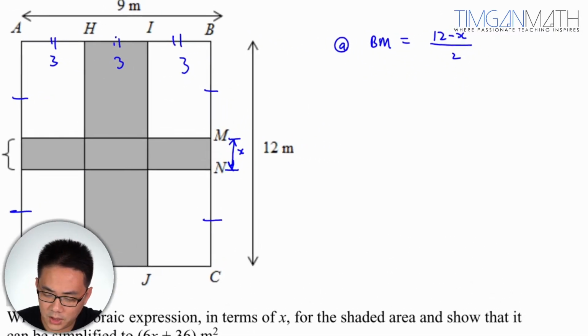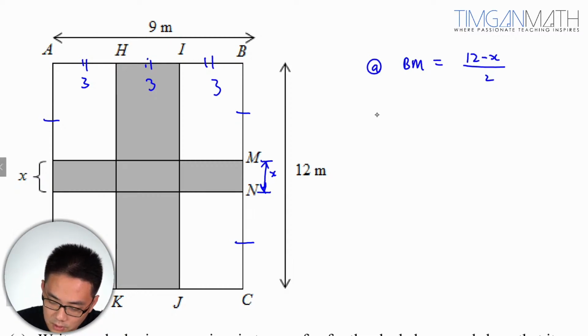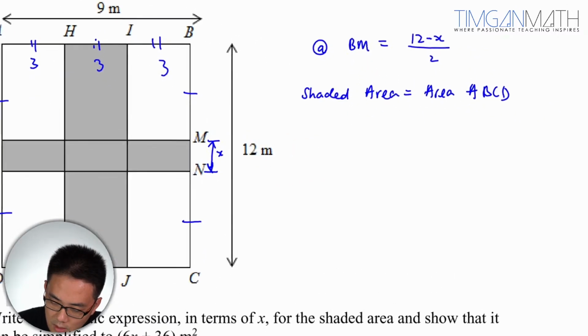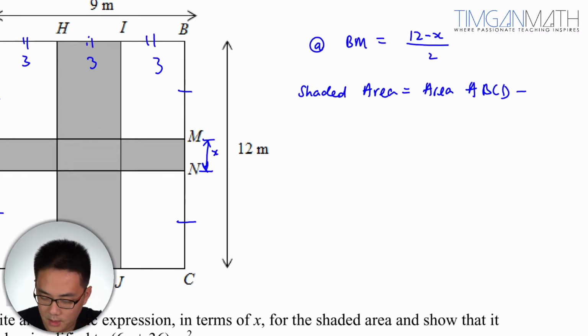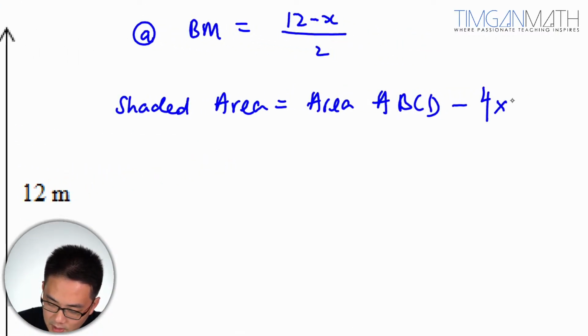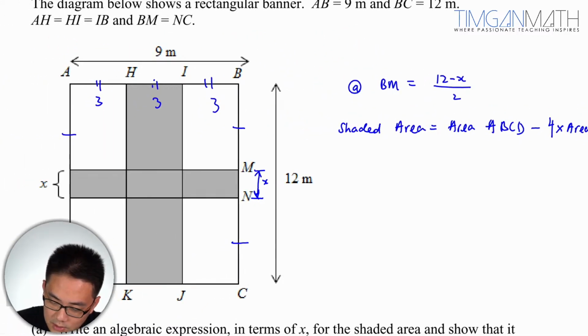Shaded area. So shaded area will be the area of ABCD minus, because BM is equal to NC, basically 4 times the area of this one here.